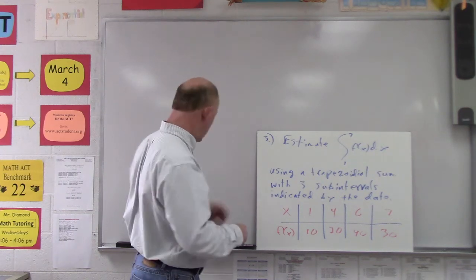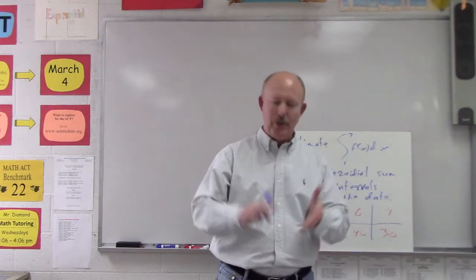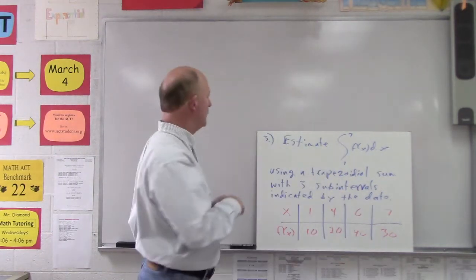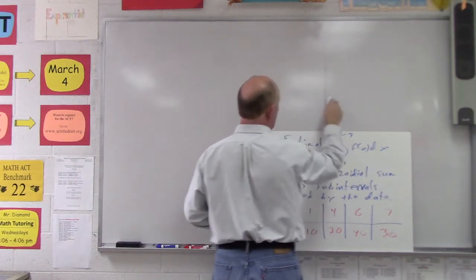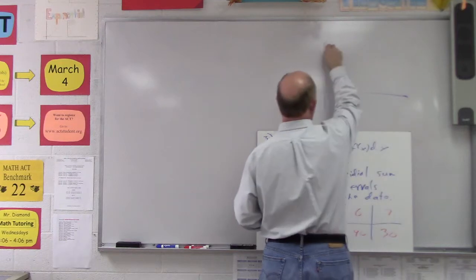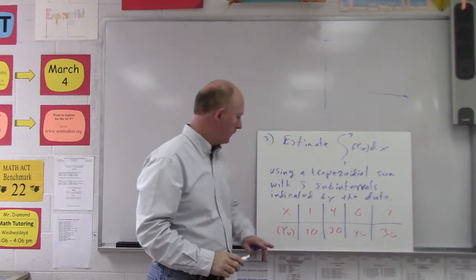Let's do one thing that may help whenever you're doing a data problem like this. You can do a quick sketch of your data to make it a little easier to visualize what you're doing. You can see my biggest number is 40, and it goes from 10 to 40.